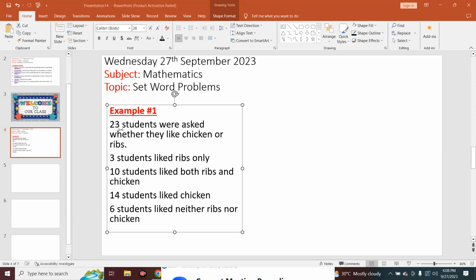Dwayne, how many students like both chicken and ribs? 10, very good. And Renaya, how many students like chicken? 10. Sorry, 14. Yeah, be careful. And Malik, how many students like neither ribs nor chicken?